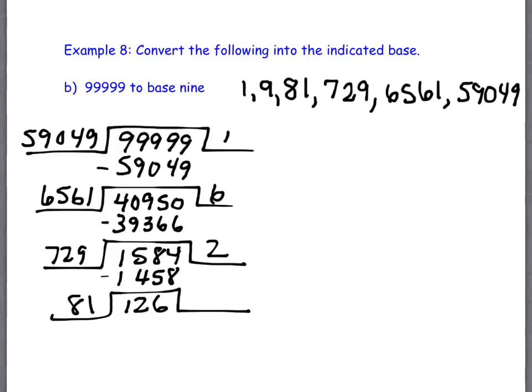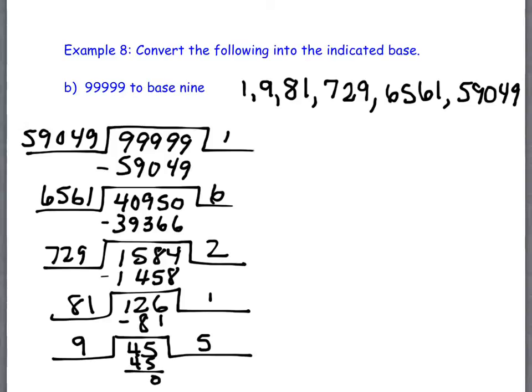How many times will 81 go into 126? Once. So if I multiply, I get 81. 126 minus 81 is 45. My next power is 9. How many times will 9 go into 45? 5. 5 times 9 is 45.